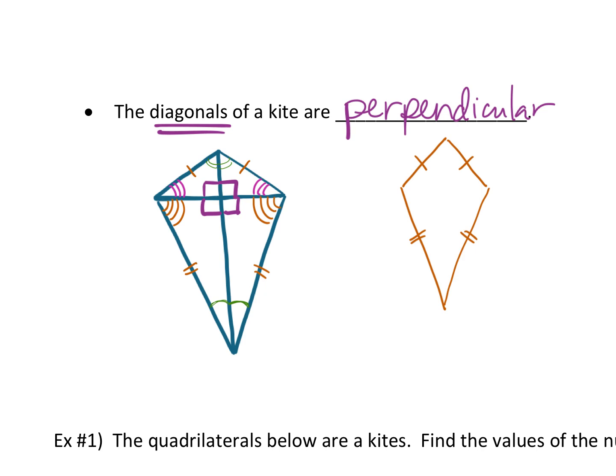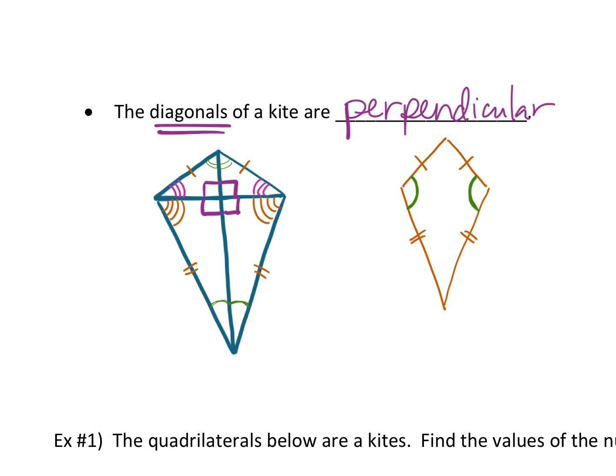In a kite like this, now there are no diagonals. Two of these angles are congruent. Any thoughts which ones those might be? Do you think it's top and bottom, left and right, left and top? It's the left and the right. The two angles joining sides that are not congruent are the two that are congruent.